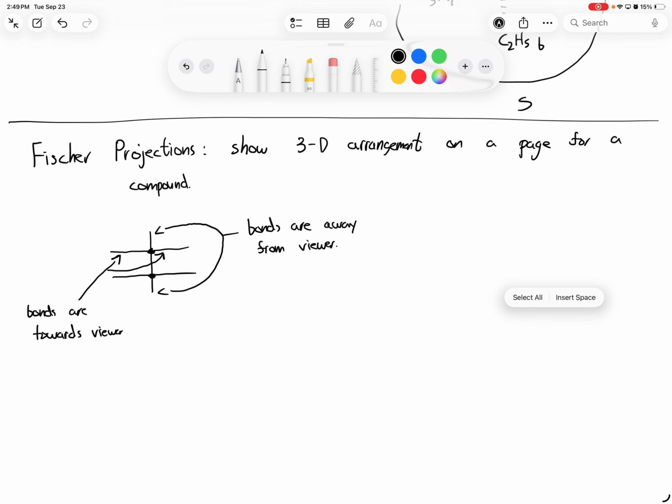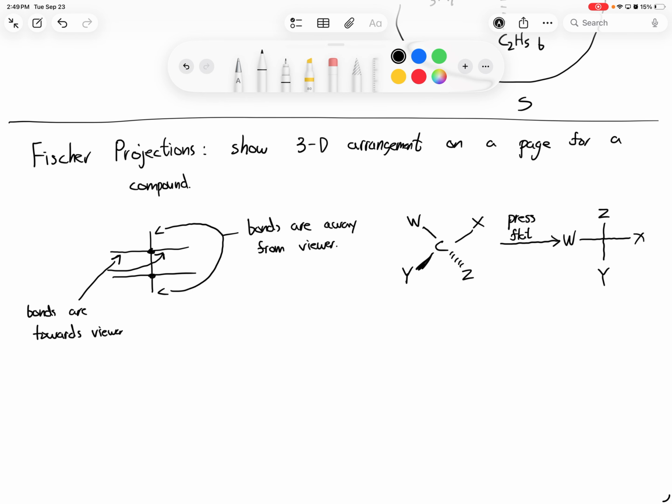So, what we usually write this as, say you have a carbon atom, right? W, X, Y, and then Z. It's like you're taking your molecule here and you're pressing it flat. So we're going to press this flat. And what we get is a crisscross shape, Z, Y, X, and W.